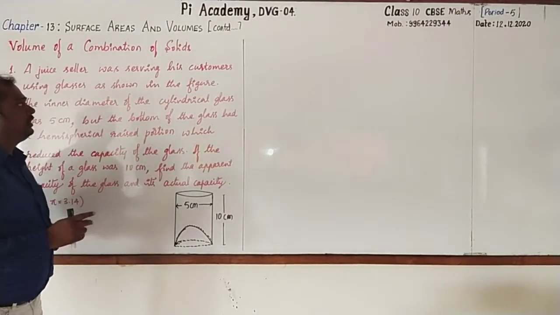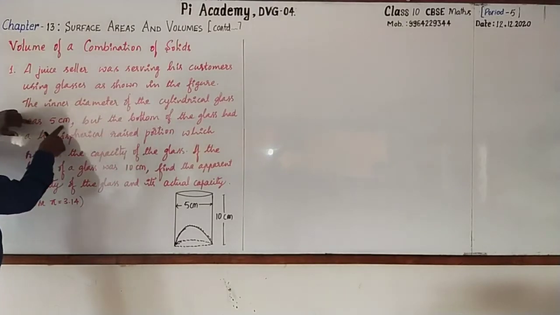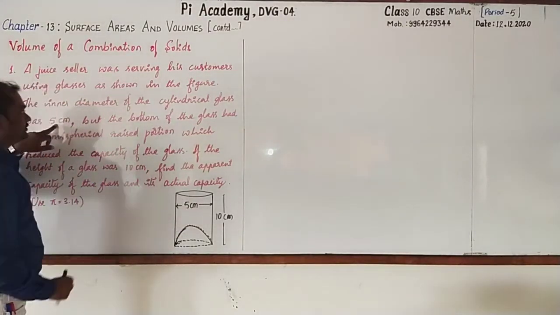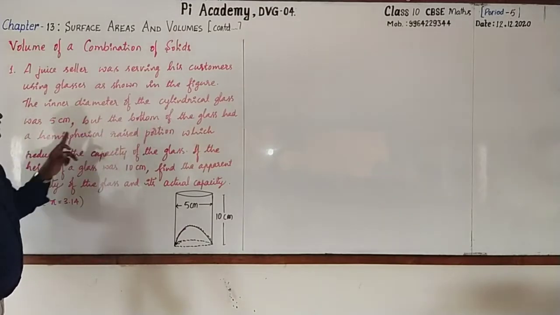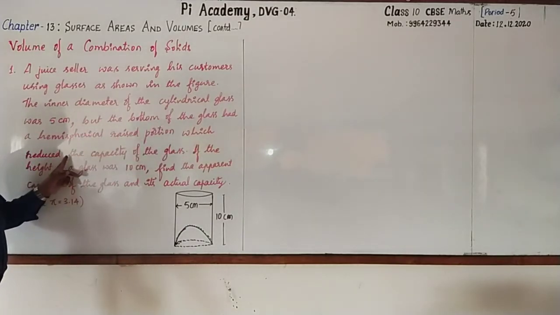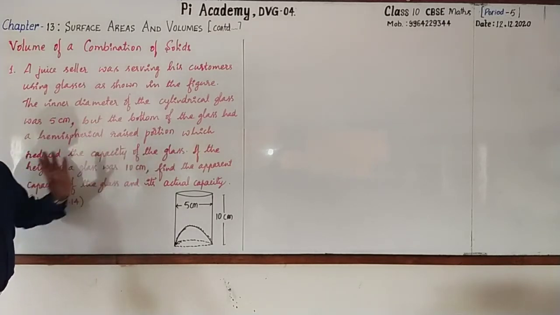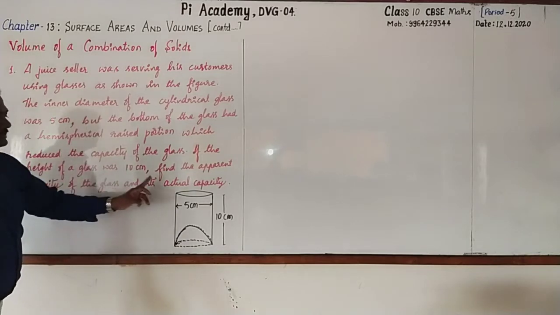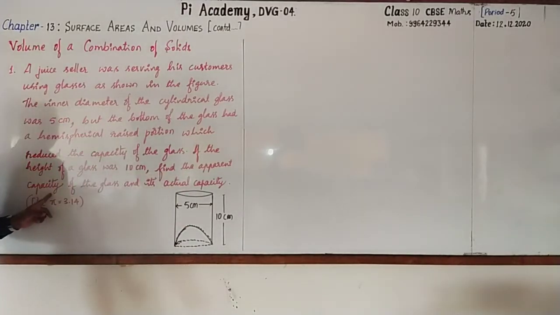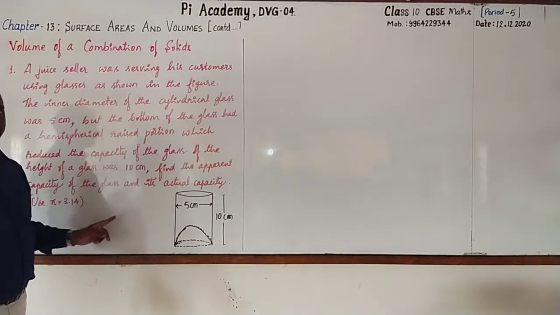Got it? Now here the inner diameter of the cylindrical glass was 5 cm, but the bottom of the glass had a hemispherical raised portion which reduced the actual capacity of the glass. If the height of the glass is 10 centimeter, find the apparent capacity of the glass and its actual capacity.